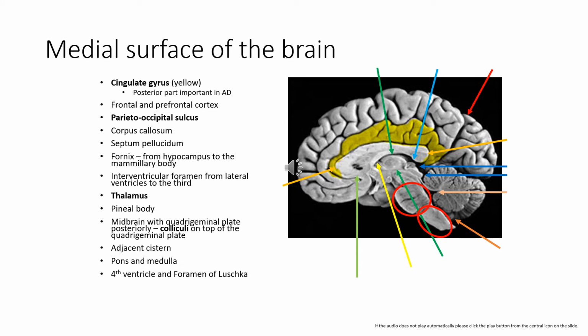And posterior to the thalamus, we can see the pineal body. Posterior to the pineal body, we can see the quadrigeminal plate, indicated by the two dark blue arrows.